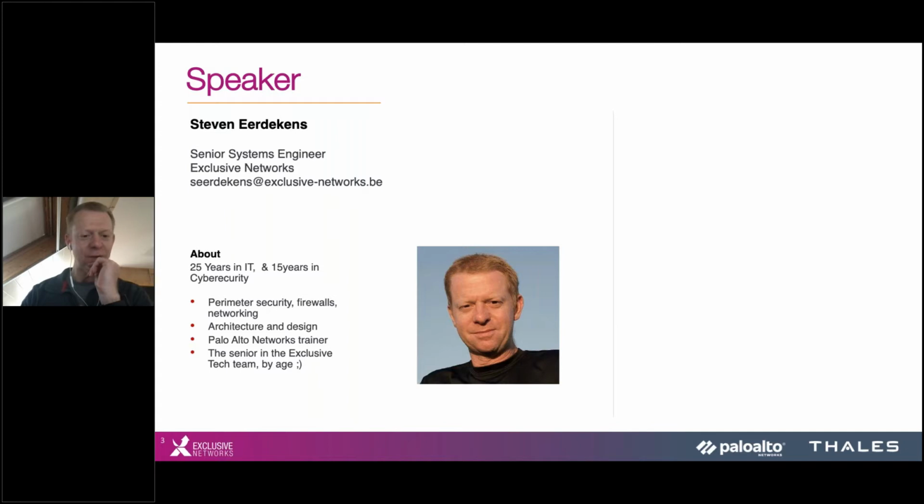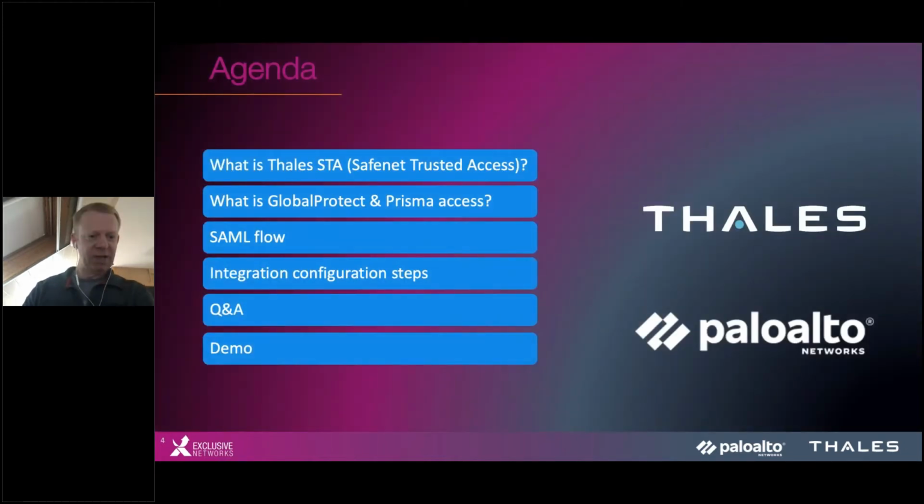So yeah, what is the agenda for today? First of all, I'm going to introduce you to the two solutions in particular. So Thales Trusted Access. And next, I'm going to tell you a little bit more about Palo Alto GlobalProtect and Prisma Access. When this is done, I'll show you only one slide about how SAML works.